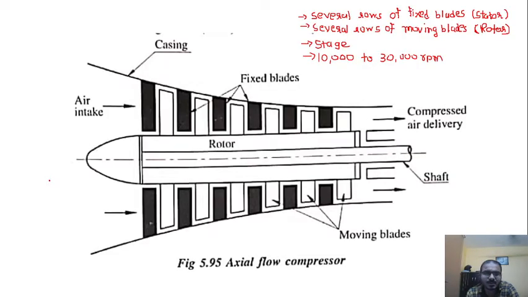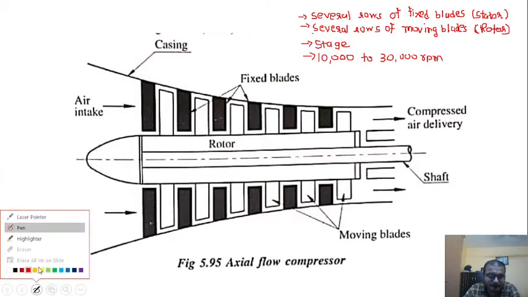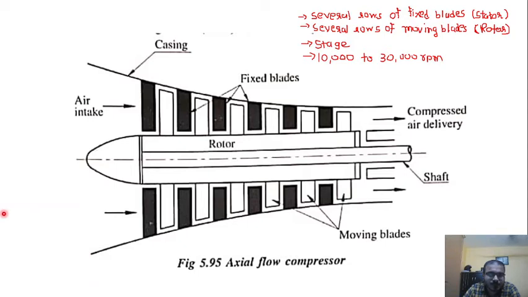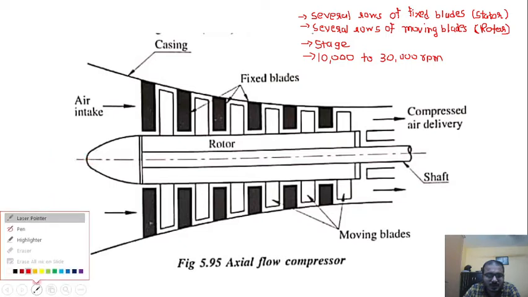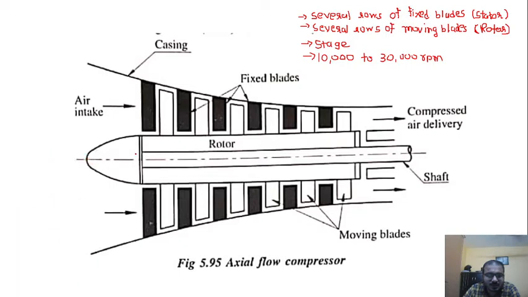Here this is the arrangement of axial flow compressor. Here we can see the main rotor shaft that is visible over here, and through this rotor there are few blades which are connected.